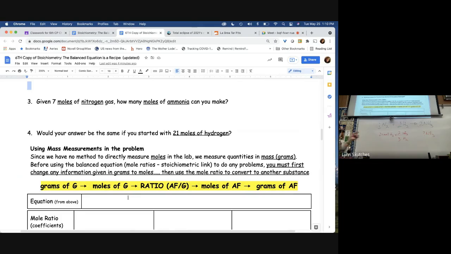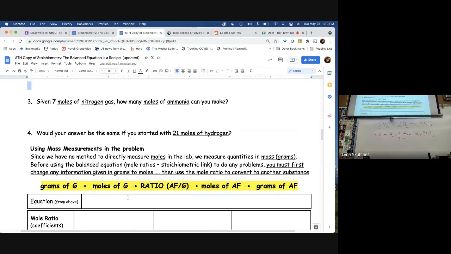And magically, you guys should be able to see that, yes, you'd make 14 moles of ammonia. Okay, so we can look at it from any angle, any part of it.